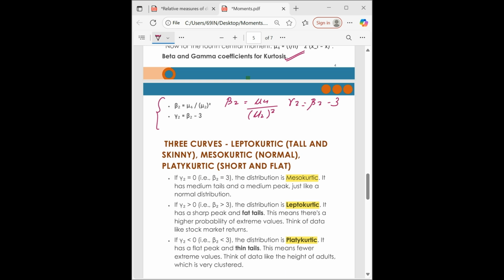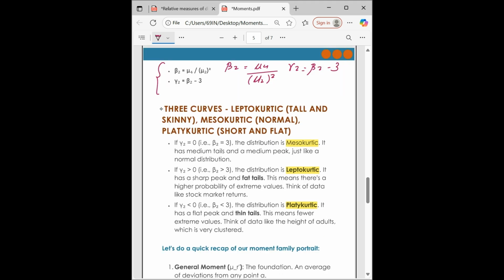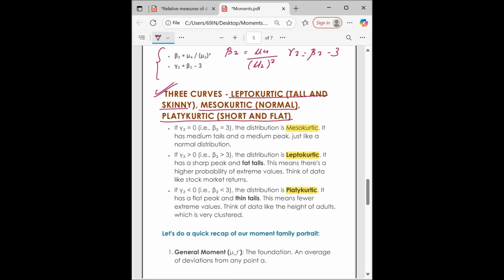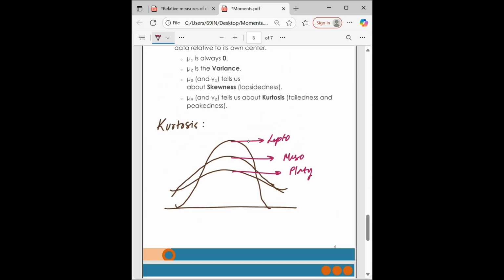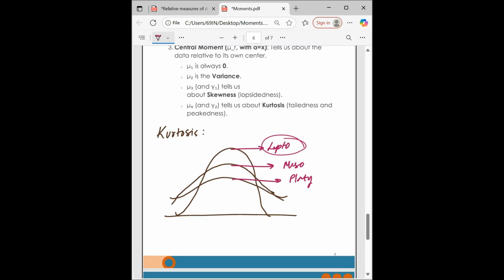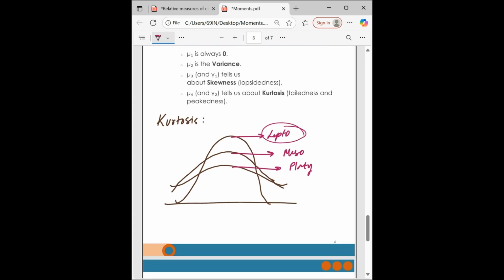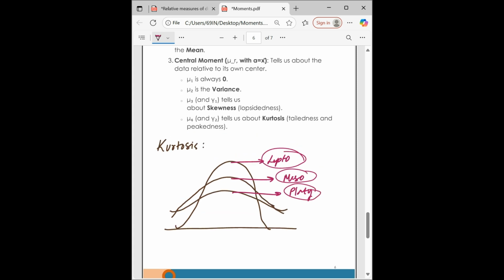This leads to three classifications. See the three curves: leptokurtic, tall and skinny; mesokurtic, normal; platykurtic, short and flat. I have drawn the graph here. Leptokurtic, as I said, is tall and skinny; mesokurtic is normal; and platykurtic is short and flat.